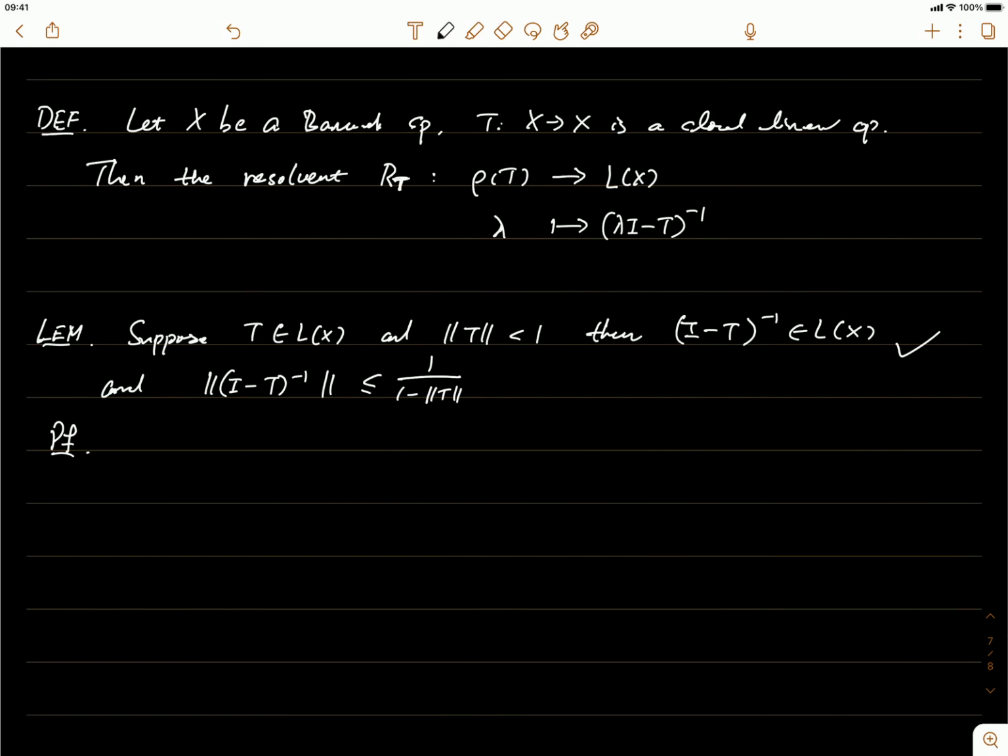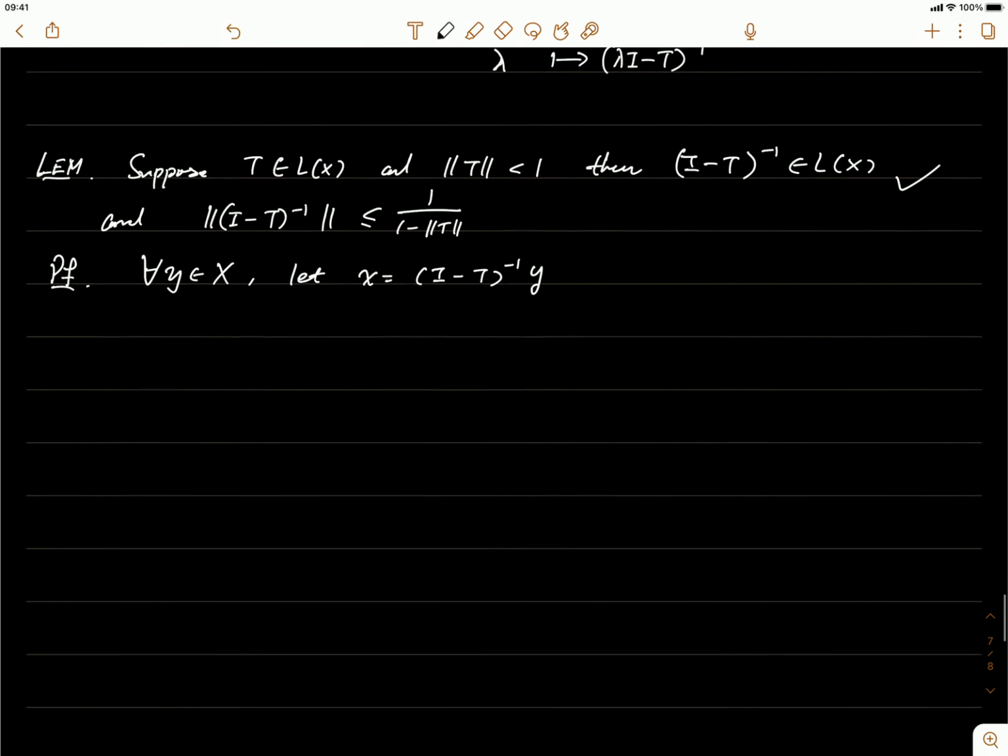Well, to show the second part, let's do this. For any y in X, because I minus T is invertible, we let X be the inverse of I minus T applied to y.